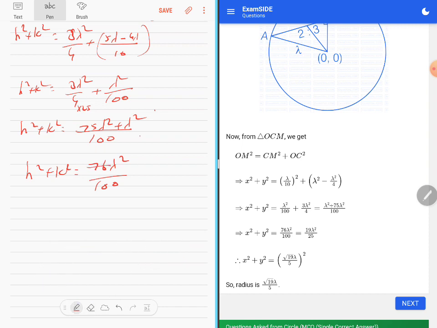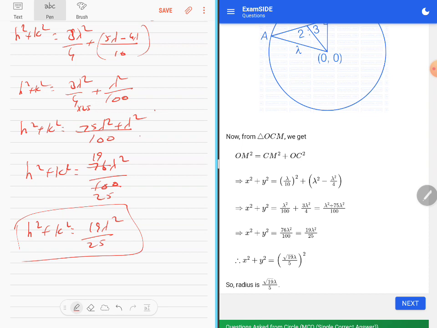So you get 19, this becomes 25. So cancelling with the 4 tables, you get H square plus K square is equal to 19 lambda square by 25, which will be the locus of the point P.